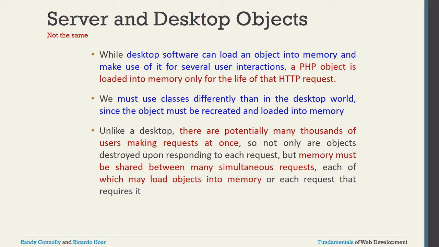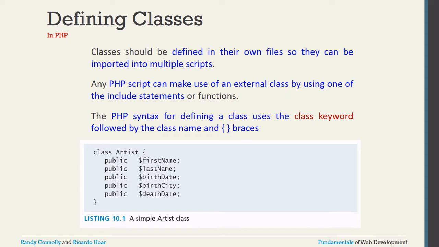Unlike a desktop, there are potentially many thousands of users making requests at once. So not only are objects destroyed upon responding to each request, but memory must be shared between many requests, each of which may load objects into memory. This is regarding server and desktop objects.